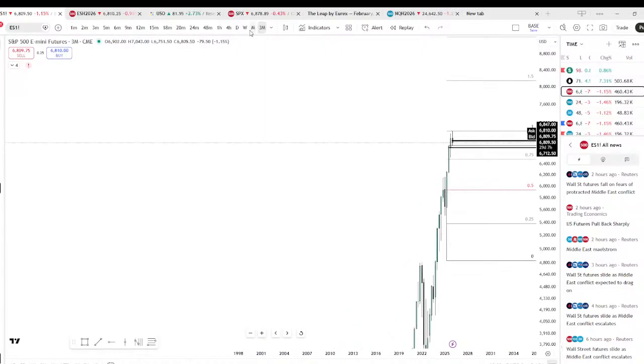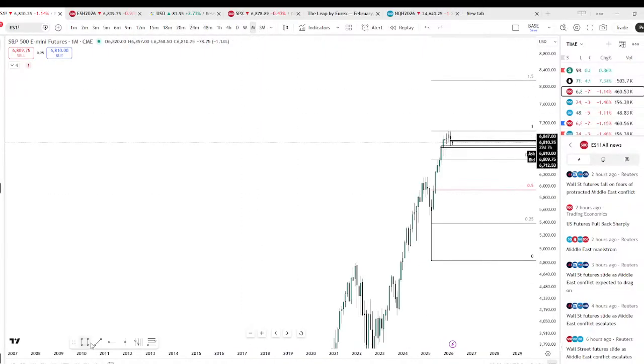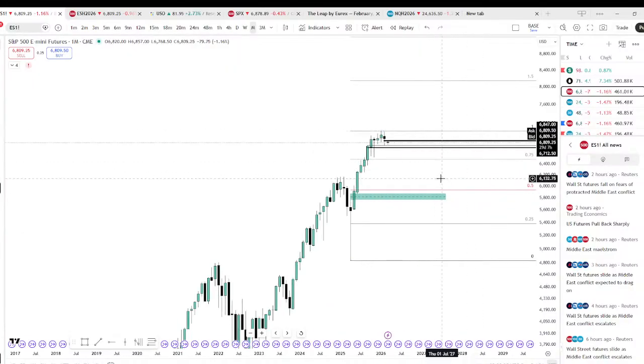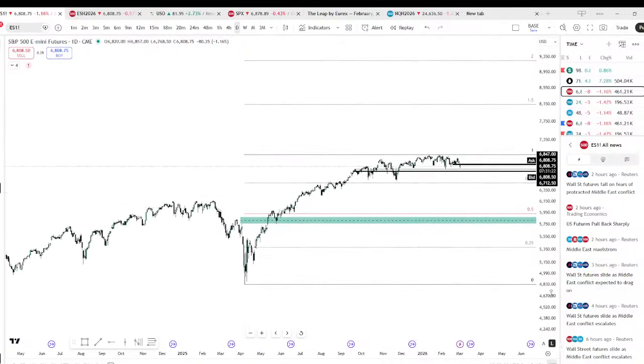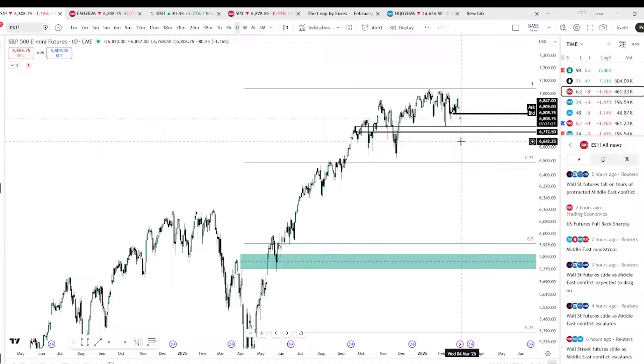Obviously, when looking at a monthly style, they want to find something in a discount, so draw it out. It will take some time to get down there unless something wild happens, but just to have it noted: 58,50, 57,70.